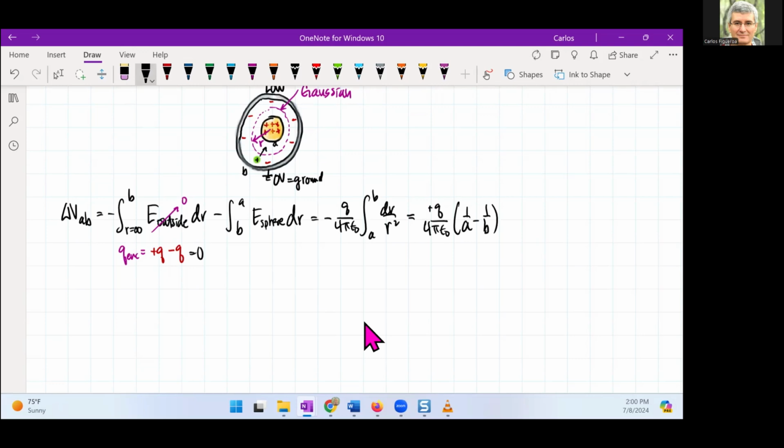But that's not the way we want to write it. It'll make more intuitive sense if we rewrite it like this: B minus A divided by AB. And this is the potential of this sphere.